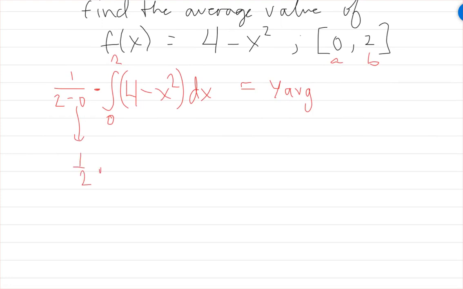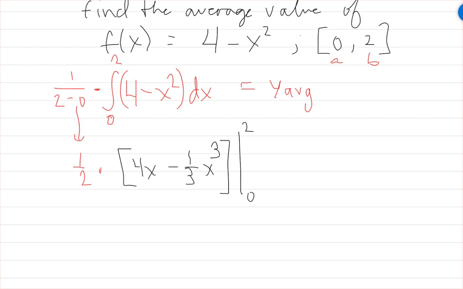And I've got to find this integral. Okay, so this integral here is going to be the integral of 4, which is 4x. And the integral of x squared will be negative 1/3 x cubed. And that's evaluated from 0 to 2.